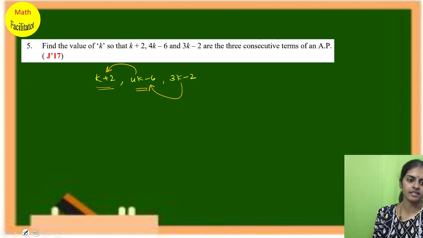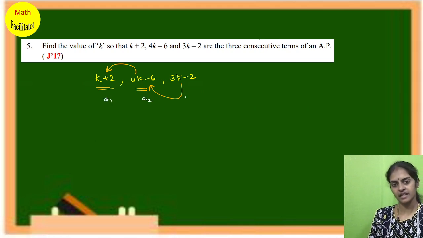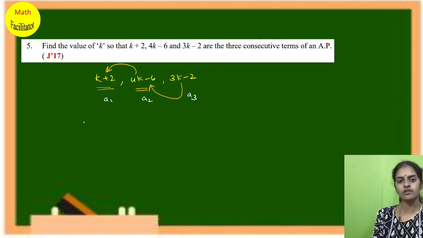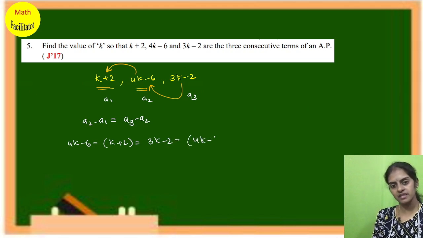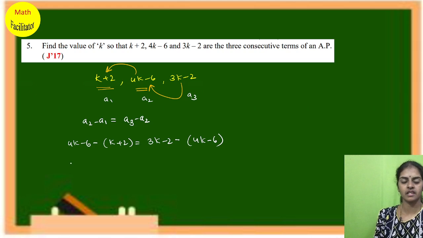difference, isn't it? So if I take these as A1, A2, A3, then A2 minus A1 will be equal to A3 minus A2. A2 is 4k minus 6, minus k plus 2, will be equal to 3k minus 2 minus A2.